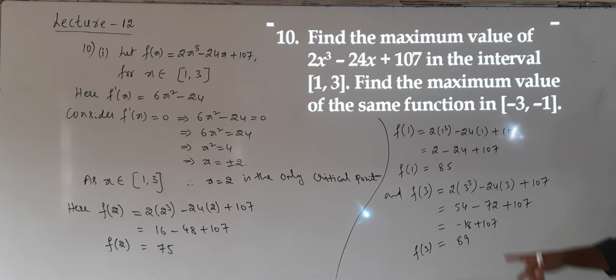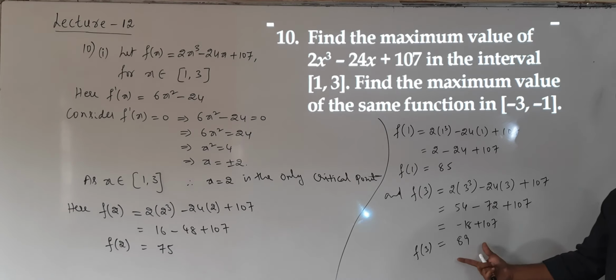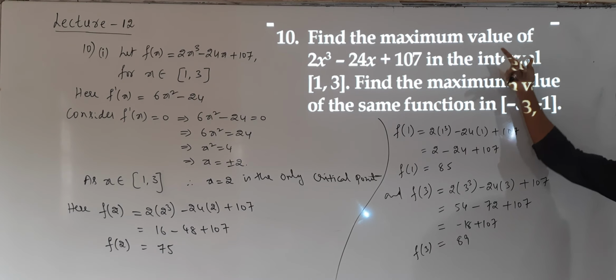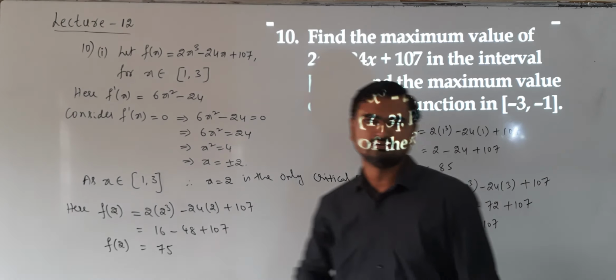So we have functional values 75, 85, 89. Okay, out of all these, see which one is the greatest? Greatest is 89. Okay, so they are asking to find the maximum value. So the absolute maximum is 89, obtained at x equal to 3.